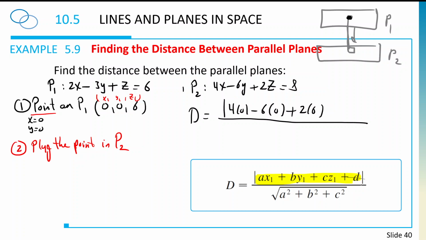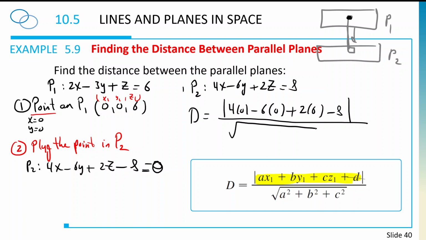Notice this equation should be all on one side equal to 0, so I need to write it as 4x minus 6y plus 2z minus 8 equals 0. I need to plug it here, so negative 8 with the absolute value. This is usually a common mistake, by the way. Remember, always when you plug in the numerator, the equation should be equal to 0, with everything on one side.